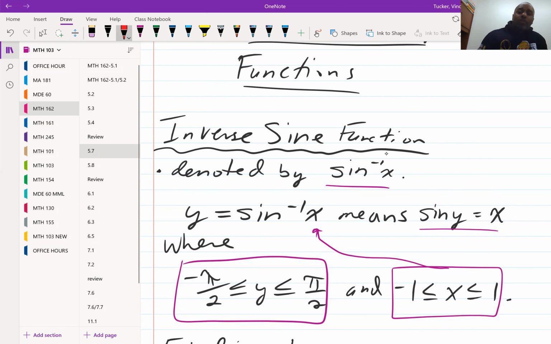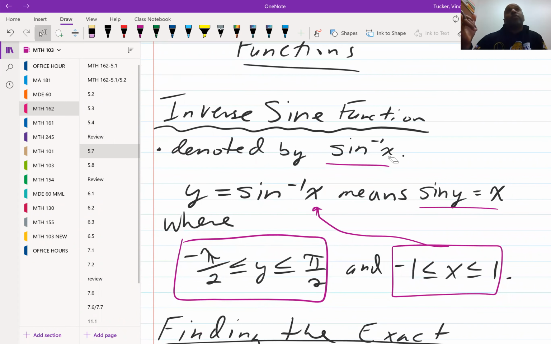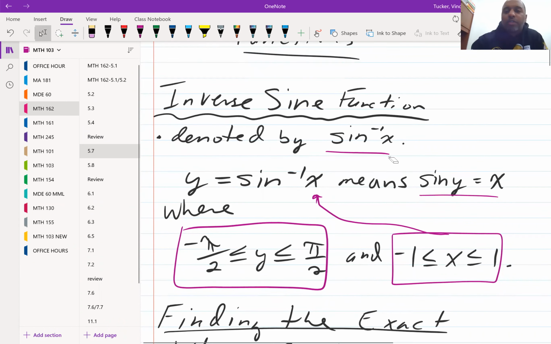Also notice that here, it sets up my domain and my range is going to be flipped. So my domain is -1 to 1 for the range. And we'll see, I'll show you when we get there. All right, questions?